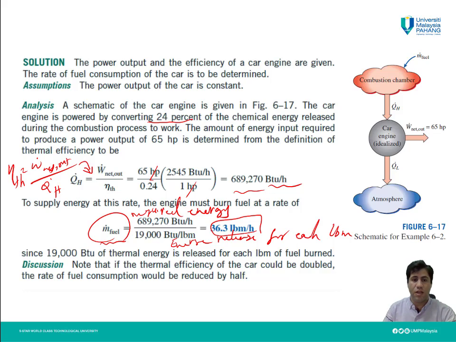And if you notice here, if the thermal efficiency was double, then the required fuel will be half compared to this. In other words, if this thermal efficiency is 48% or 0.48, the fuel consumption will be half of this, and you can see how much effect thermal efficiency has on the fuel consumption.